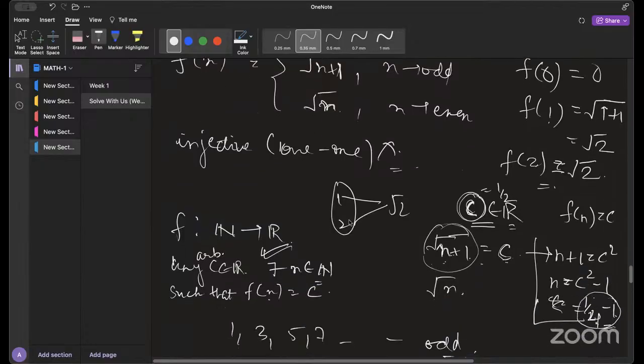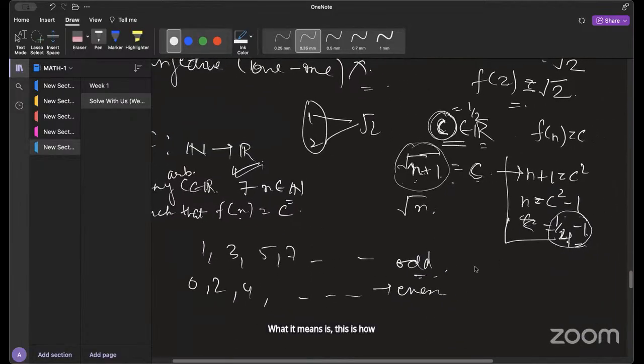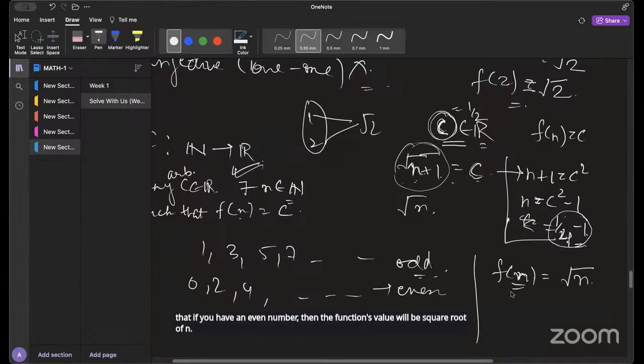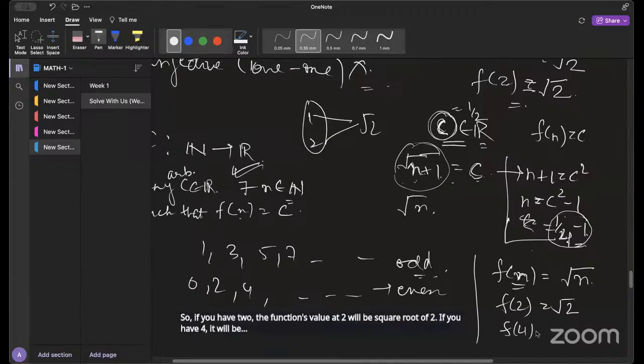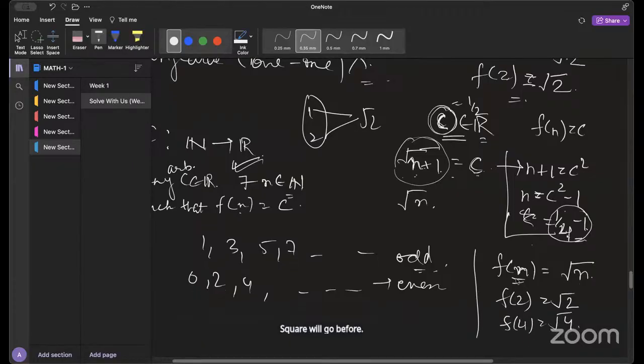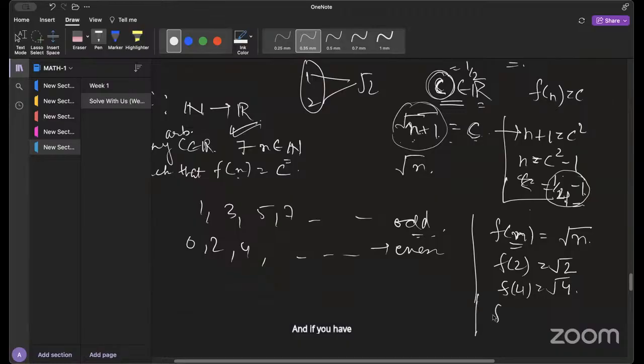What it means is, this is how you define the function. The domain is the natural numbers, right? So this says that if you have an even number, then the function's value will be square root of n. If you have 2, the function's value at 2 will be square root of 2. If you have 4, it will be square root of 4. And if you have an odd number instead, then you will have square root of n plus 1.